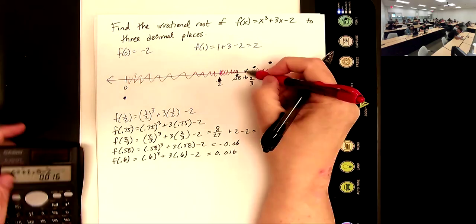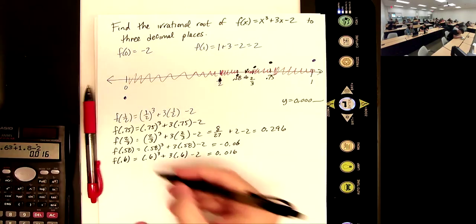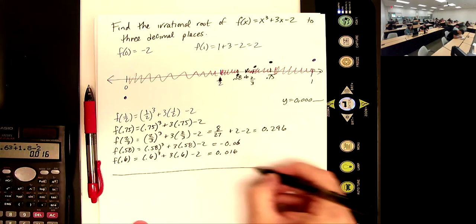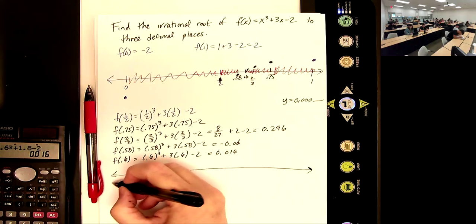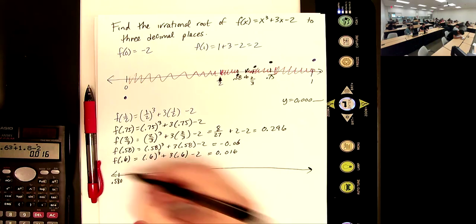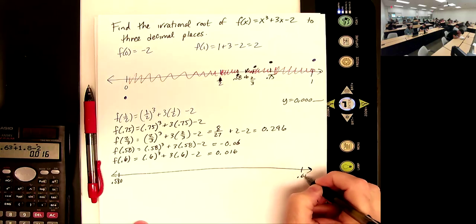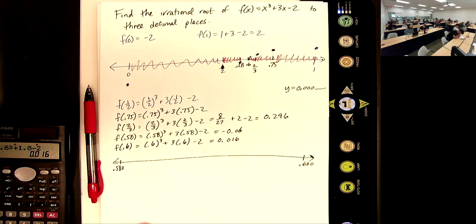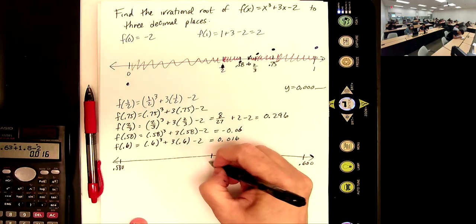I'm gonna draw another number line here to blow up 0.58, 0.6. So I'll do like 0.59.